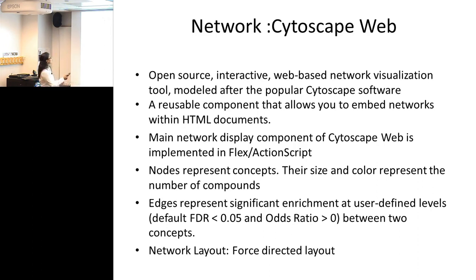So in the case of ConceptMetab, a node represents the concept, and its size and color are represented according to the number of compounds and the type of concept types. Similarly, edges represent the significant enrichment, and their thickness depends upon the number of overlapping compounds. And we have used a force-directed layout to display the networks.